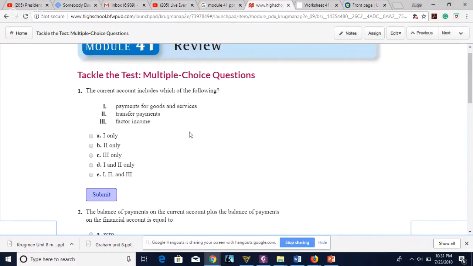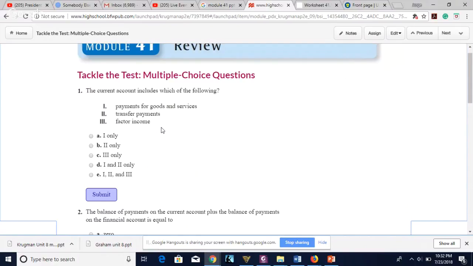The current account includes which of the following? Number 1, payments for goods and services. Number 2, transfer payments. And the last one, factor income. So let's say you're a student, you want to make a guess. Well, let's say that I didn't understand well.